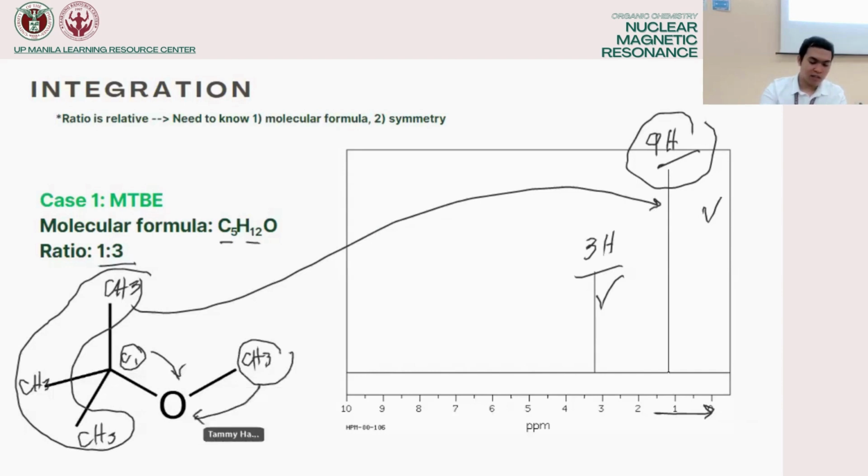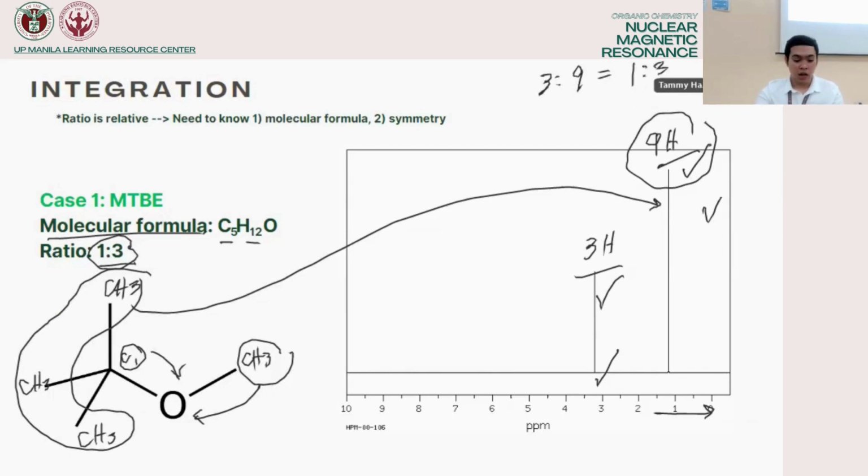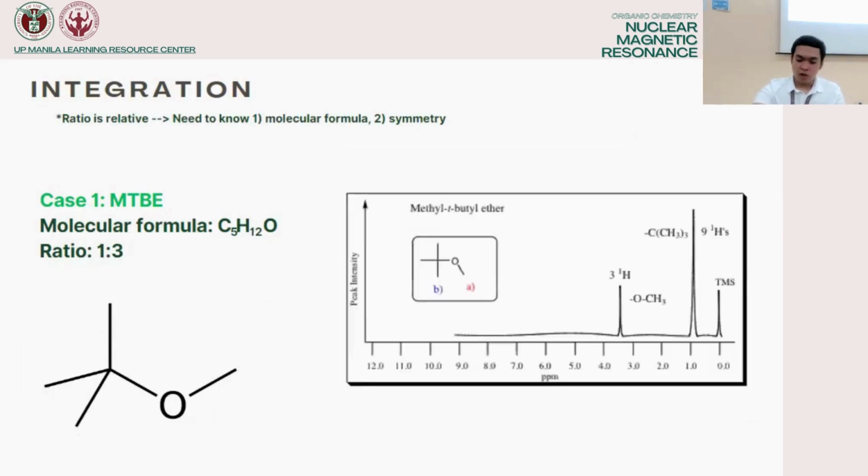Oxygen na agad. Okay? So you have to know the molecular formula. Kahit ang ratio mo 1:3, pero it corresponds to 3 hydrogens for one and 9 hydrogens for the other. Pero syempre, ano ba ang 3:9? 1:3.